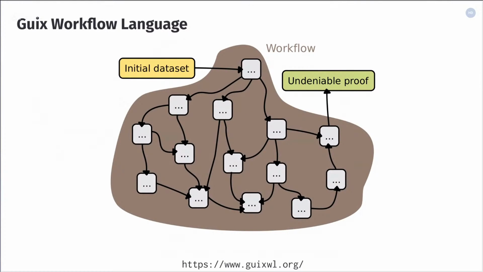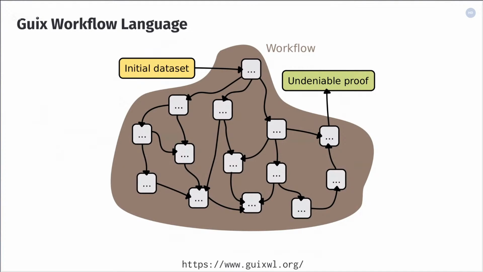After this work, people in Germany and in the Netherlands came up with a prototype that's called the Guix workflow language. So in bioinformatics, you're probably used to using some workflow language. The common workflow language, CWL, is the most common one.